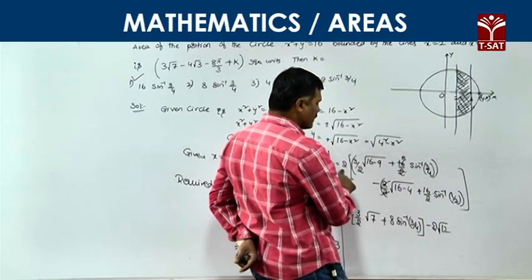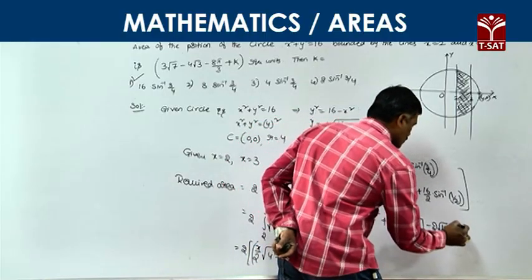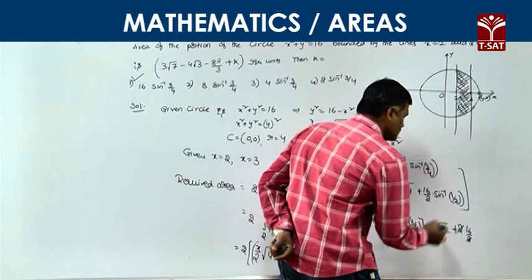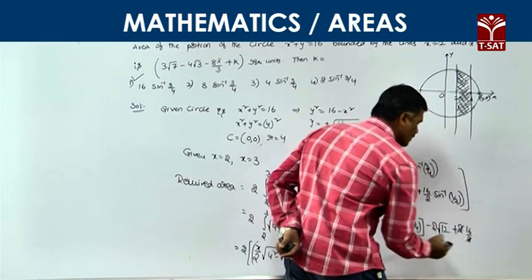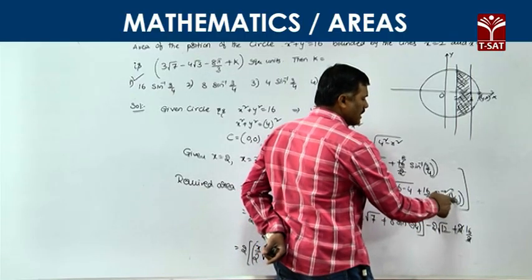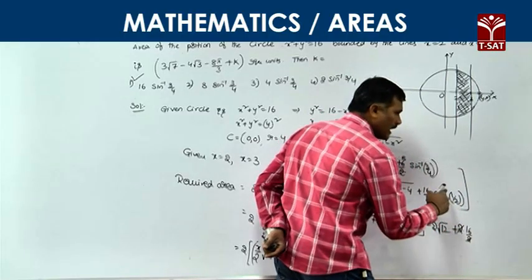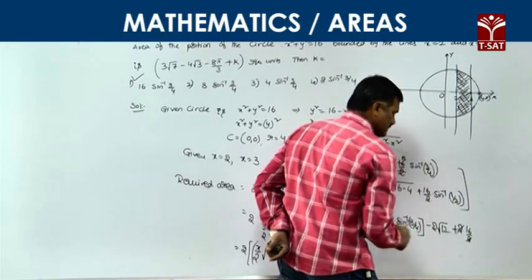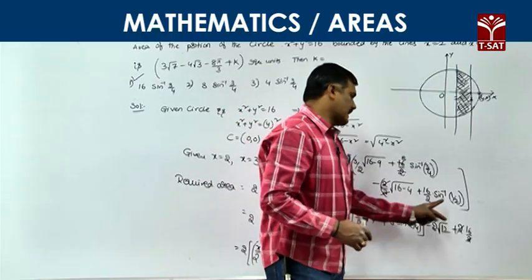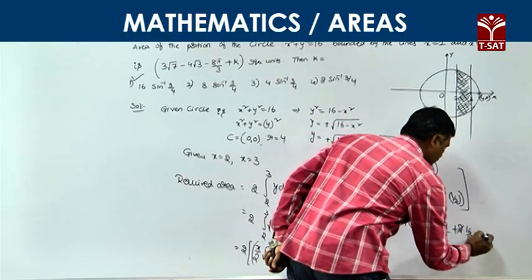Next, again multiplying 2 with this term, 2 into 16 by 2, 2 will go, sin inverse of 1 by 2. Sin 30 degrees is 1 by 2, so you can write it as sin of pi by 6. Sin inverse of sin theta is pi by 6.